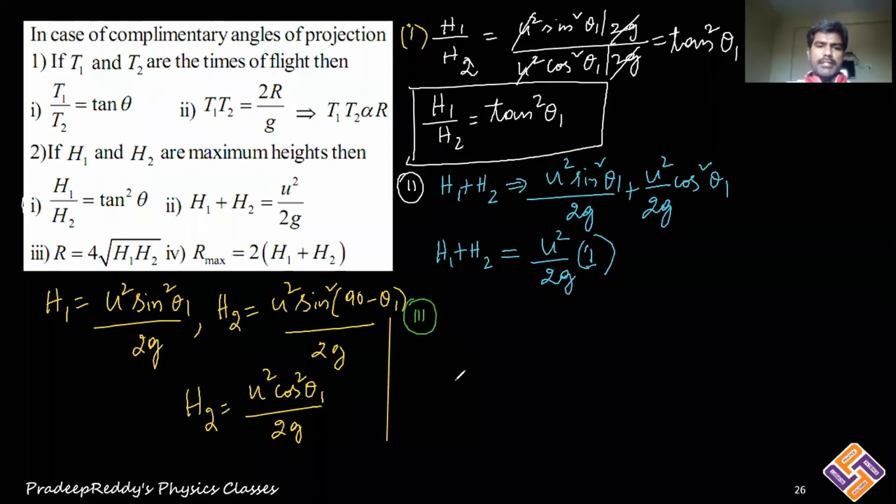That is number 2. Now come to number 3. What is number 3? Number 3, we have R is equal to 4 under root H1 H2. I'll just bring this 4 to the other side. R by 4 is equal to root H1 H2. So I'll first take the right hand side and I will show that it is equal to the left hand side.